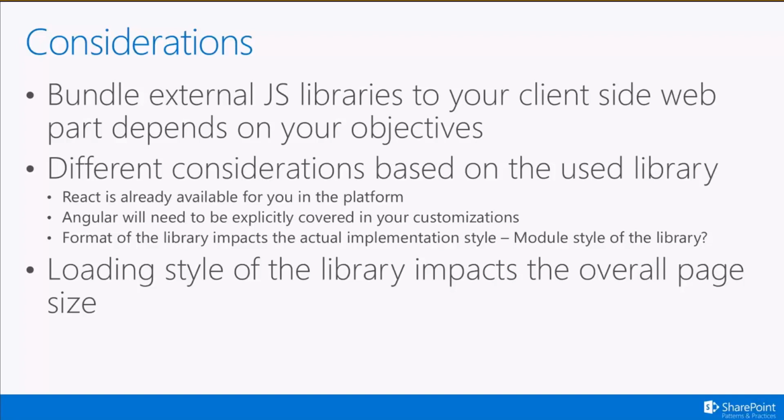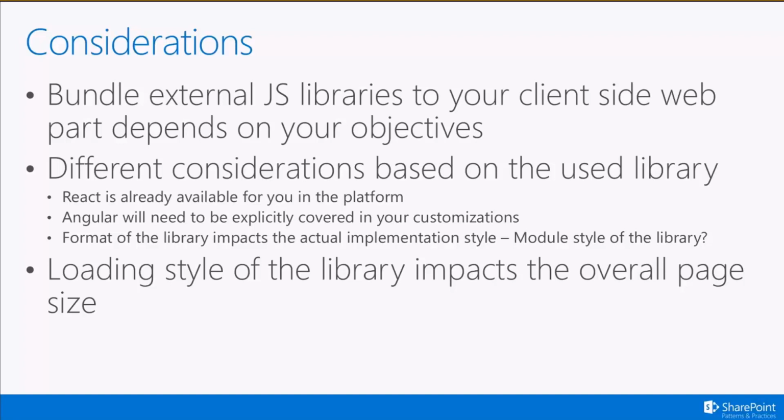The second thing is that you probably want to make sure that your development cycle or development style is aligned. What I mean with that is that if you're doing enterprise development or building an intranet, you do not want to have all of your web parts implemented with different kinds of libraries.